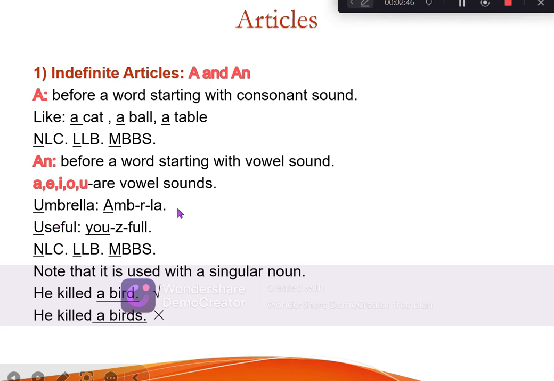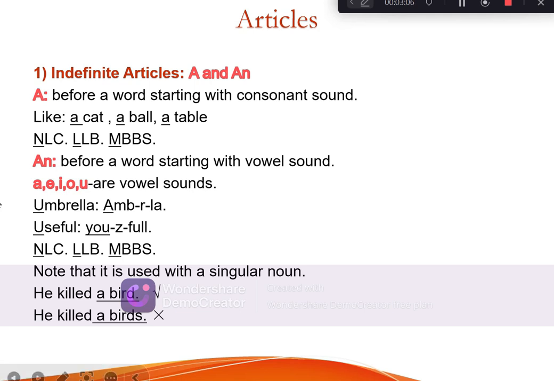I am repeating the point once again. In the word umbrella, u is giving us the sound of a, which is a vowel sound. In the word useful, the letter u gives the sound of u, useful, which is a consonant sound.